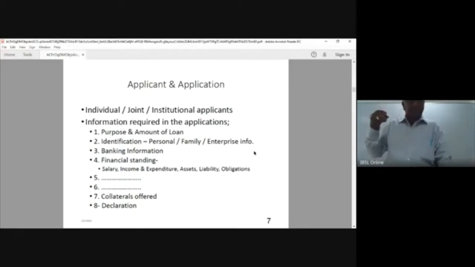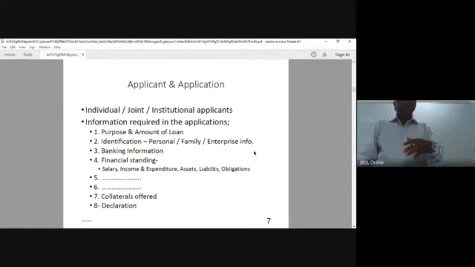So in the application, purpose and amount of loan. For what purpose? So now one by one, we are just going through what information is required in the application. Purpose and amount of loan. Then identification, whether personal or family or enterprise information. That is required.